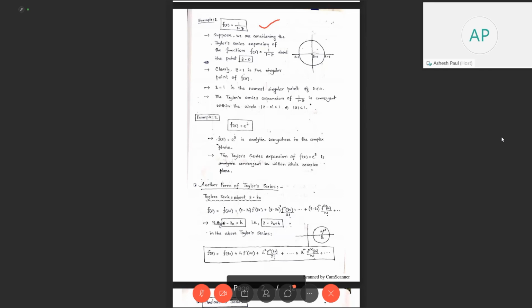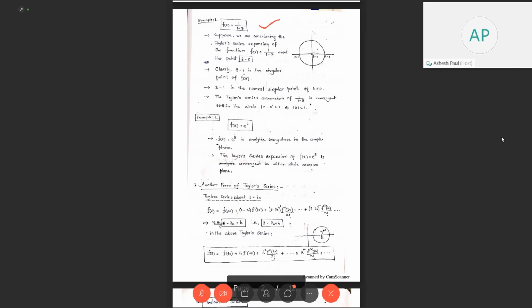Now tell me, the function f(z) is given by 1/(1 - z). What is the singular point of this function? Can anybody tell me? z equal to 1 is the singular point, and it is the only singular point.